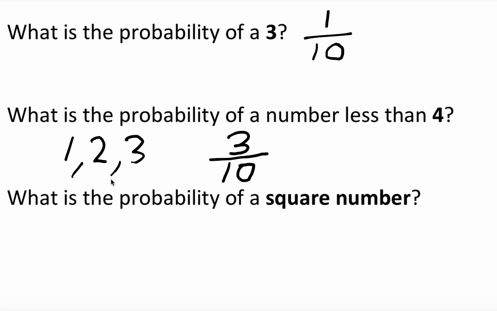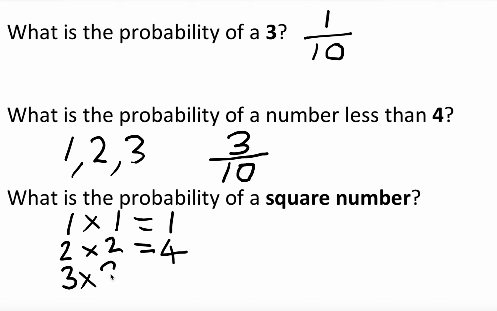Let's have a look at the squared number options. 1 times 1 equals 1, so 1's a squared number. 2 times 2 equals 4, another squared number. 3 times 3 equals 9.